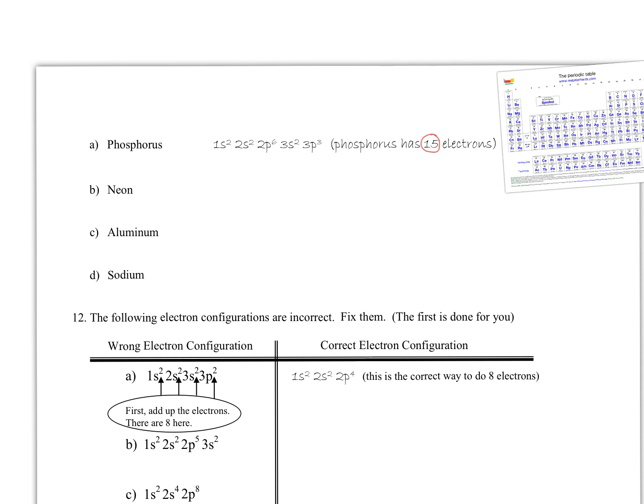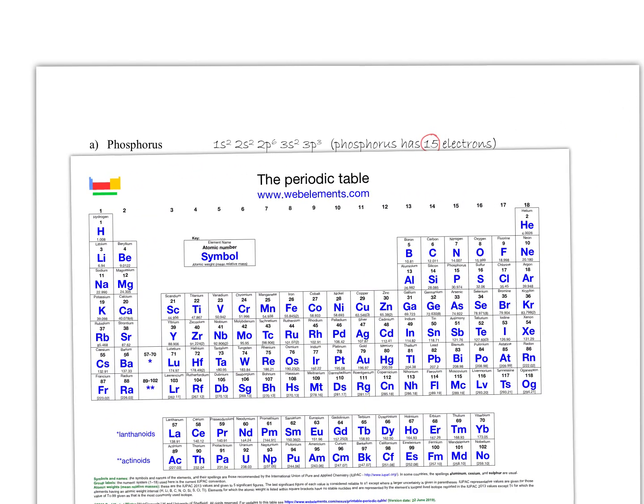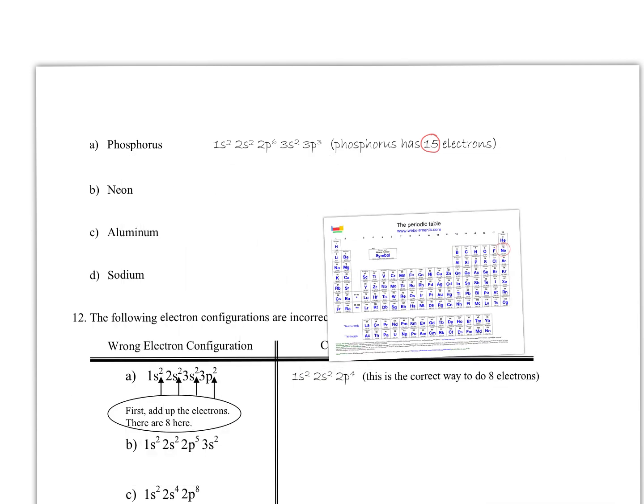So neon is our next one, so we have to get our periodic table and see how many electrons neon has. Neon is number 10, so it has 10 electrons. So we're going to put 10 right here. And I'm going to go ahead and look up the other ones so we don't have to keep pulling the chart back.